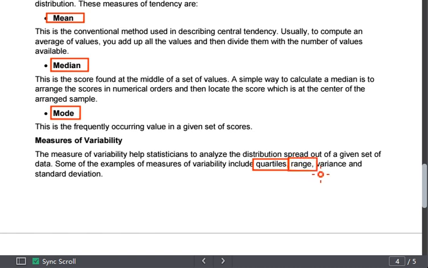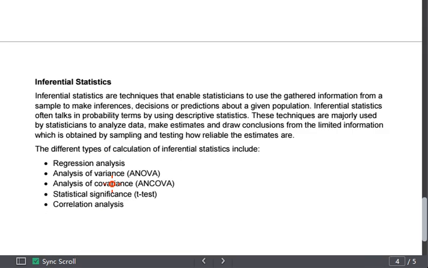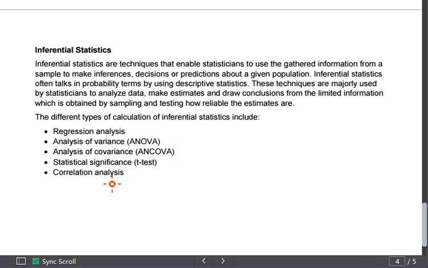Range, si range, highest score minus the lowest score, variance, and standard deviation. So we have formulas for these measures of variability and we will talk about that sa ating upcoming lessons. Don't you worry.